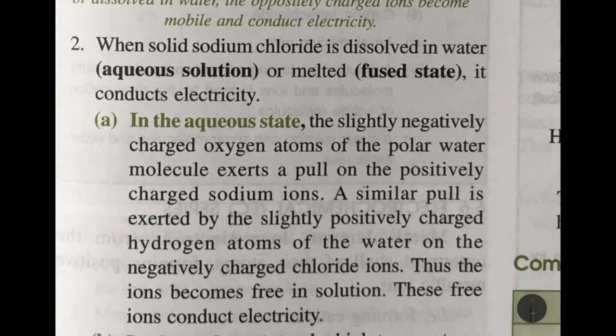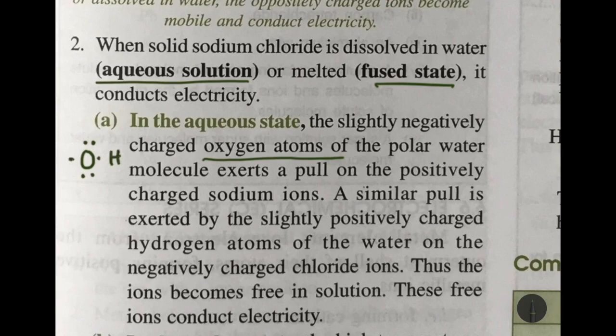But when sodium chloride is dissolved in water, that is aqueous solution, or melted, that is fused state, it conducts electricity. Why? Because in the aqueous state, the slightly negative charged oxygen atoms of the polar water, if you remember, oxygen has 6 electrons in its outermost orbit. Hydrogen has 1.